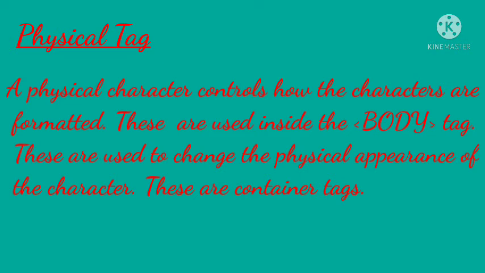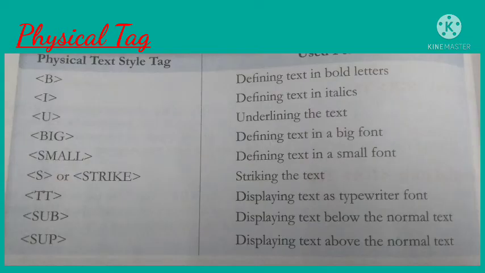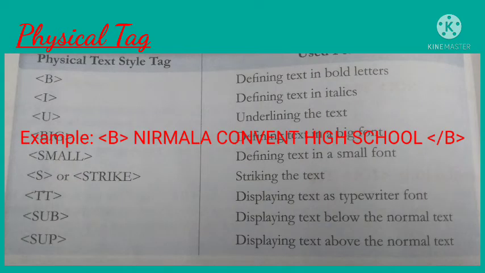By using physical tags, we can display the characters as bold, italics, underline, etc. Some physical tags are: the first one, the B or bold tag, and it is used to show the content within this tag in bold form. We should type the opening B tag before the text and the closing B tag after the text we want to make bold.